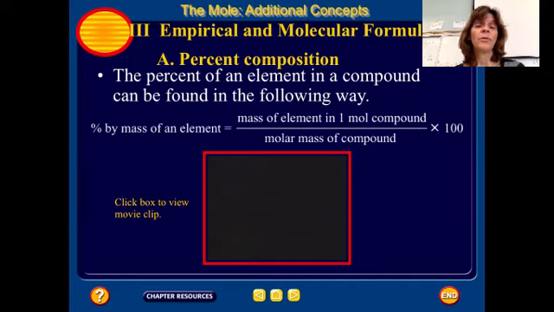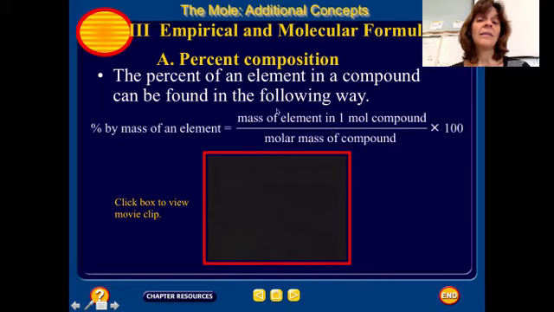So let's start with a review of percent composition, which is something we did earlier on, but it's good to come back and review it. And we're going to use it later on for our ability to find the formulas. So percent composition is always part over whole.